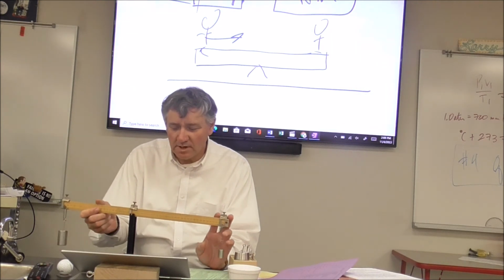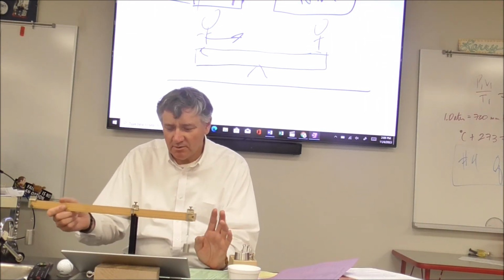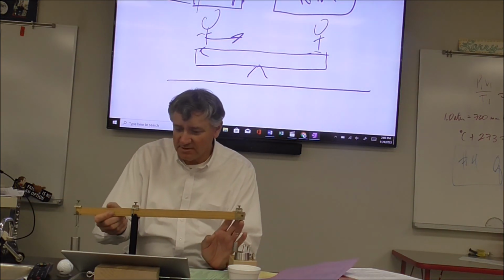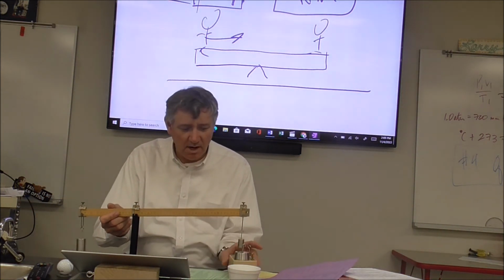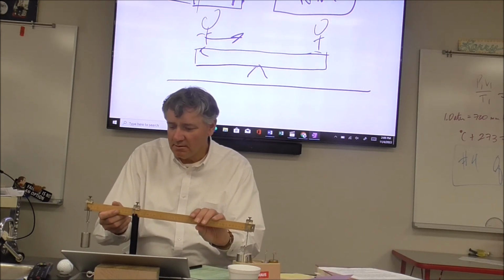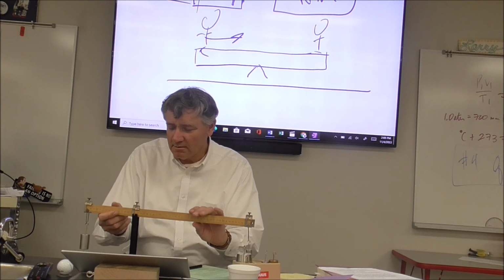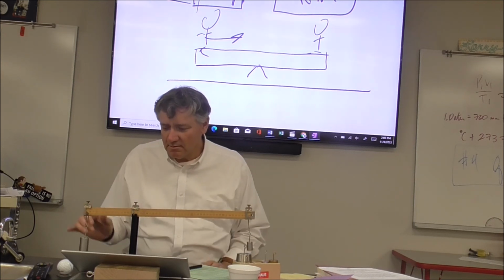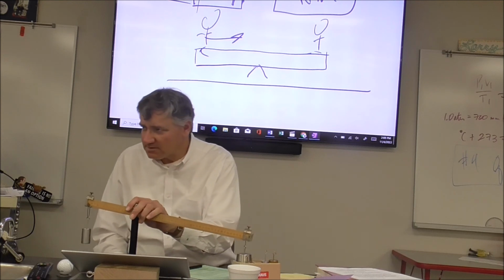So would we want to go this way, or this way? This way, to our left. Why? Because of less radius, because it's bigger. It balances. So now we could balance it this way.